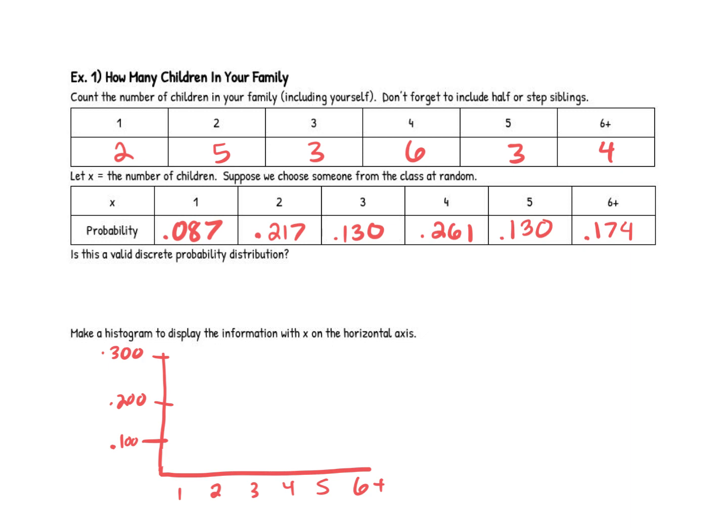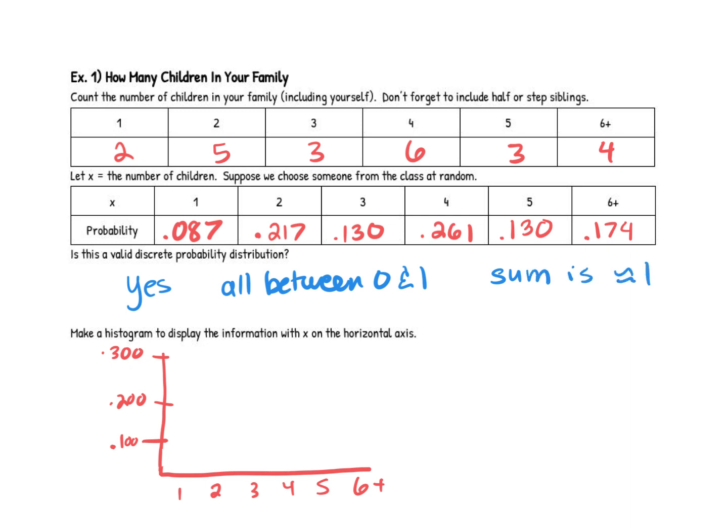Then for 2, 5 divided by 23, 3 divided by 23, and so on, until you get them all filled in. And then it asks if this is a valid discrete probability distribution. Yes, all probabilities are between 0 and 1. And if you add them up, they'll add up to 1, or as close to 1 as you can get with our rounding.